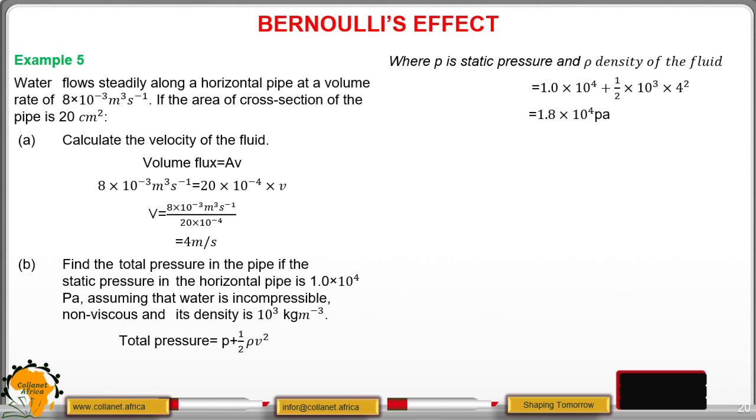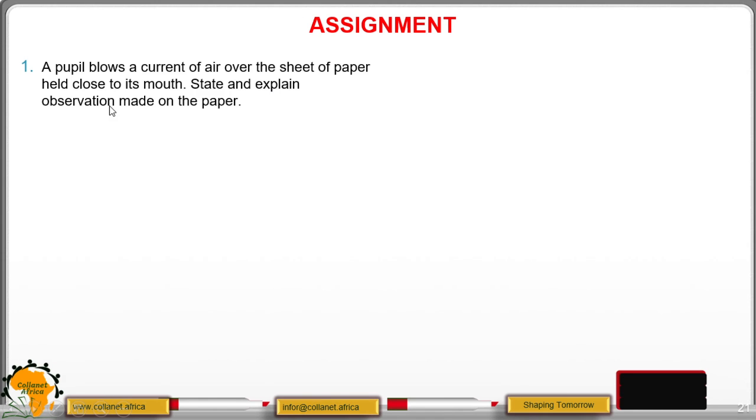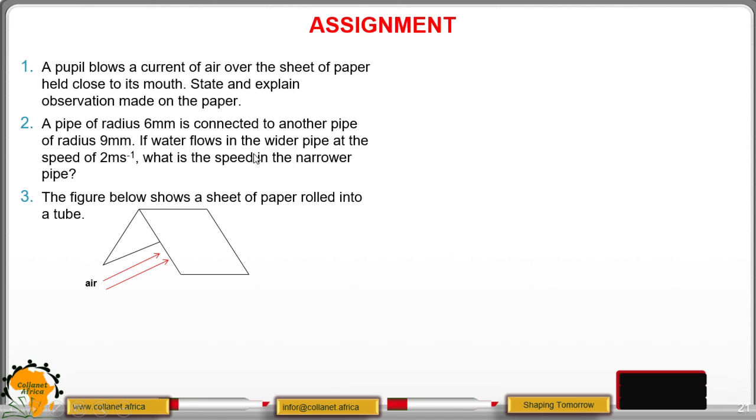They are here. So try to go through this assignment. They are very nice. They will gauge how far you have understood this lesson. The answers are still in our notes.